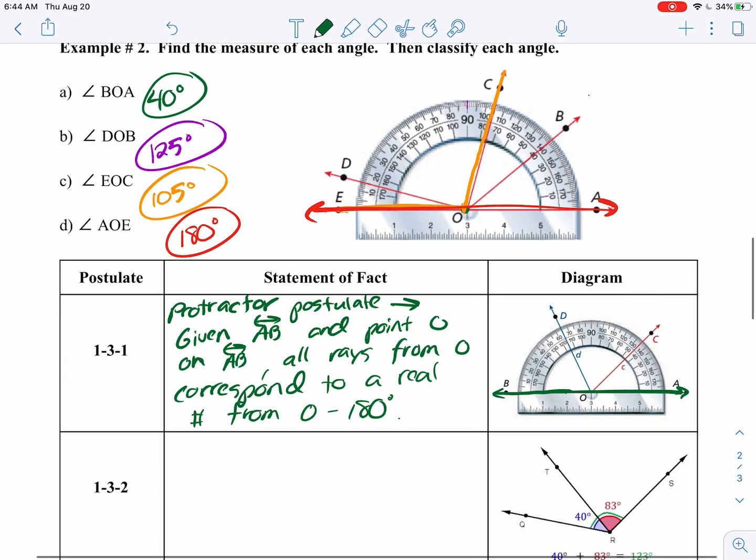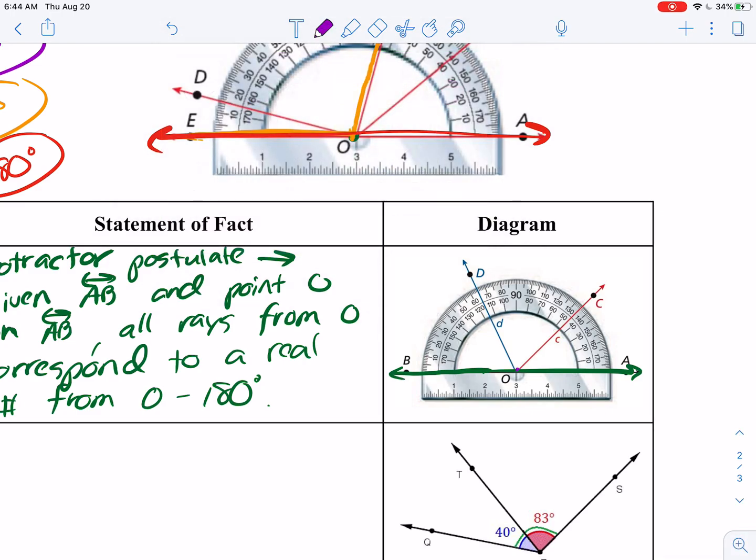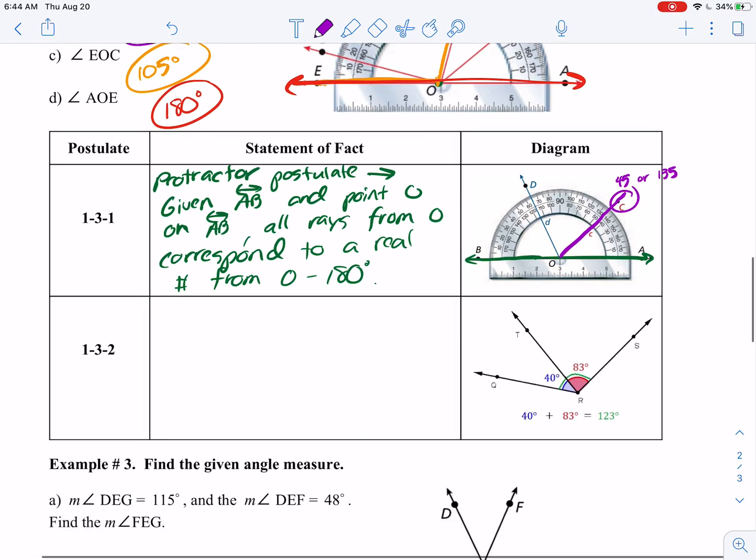Okay, and you guys saw that earlier. If we have ray OC right here, OC corresponds to a real number right in between 40 and 50, or 130 and 140. So whichever side you're looking at, 45 or 135. Okay, protractor postulate.